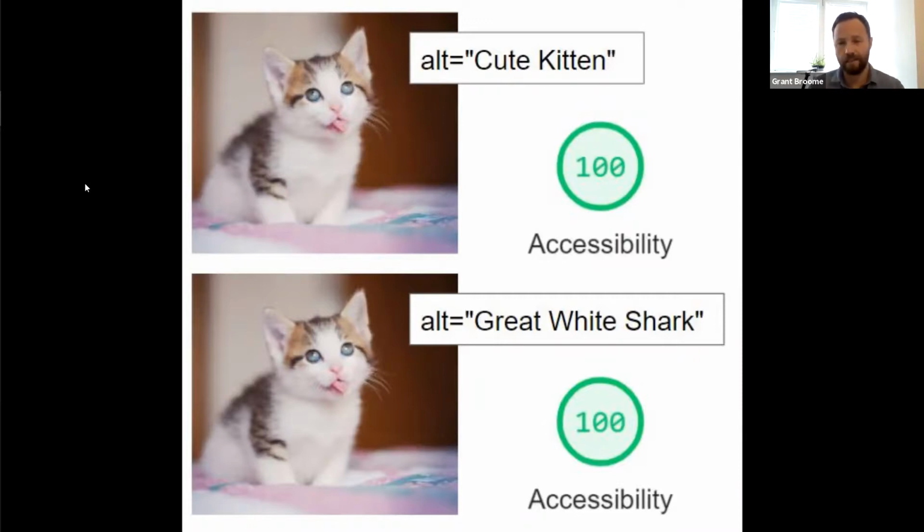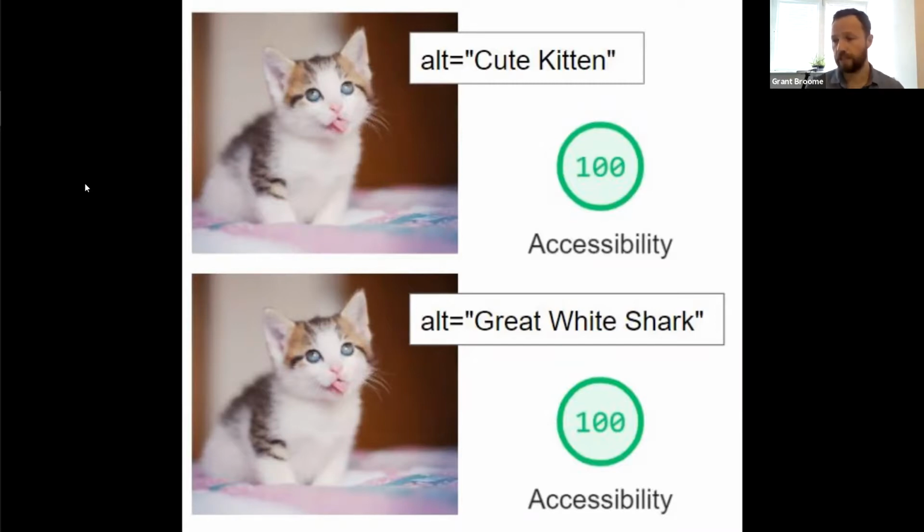And in actual fact, either of these alternative texts could be right depending on the context, or they might be wrong depending on the context as well. Accessibility is a little bit more nuanced and a lot more complicated than being able to detect whether an alternative text is right for an image.